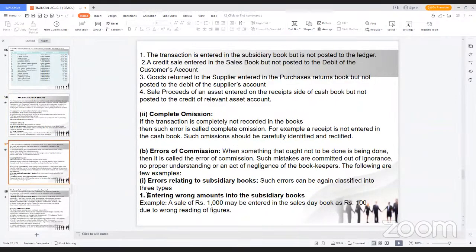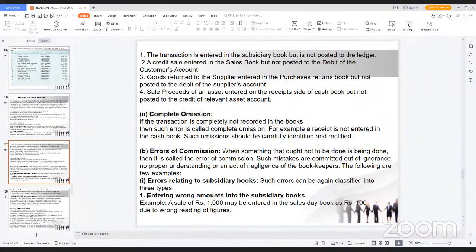Next, that is the transaction. Here I have given you properly. The transaction is entered in the subsidiary book, but it is not posted to the ledger. Means you have entered it in the subsidiary book, but not posted in the ledger.